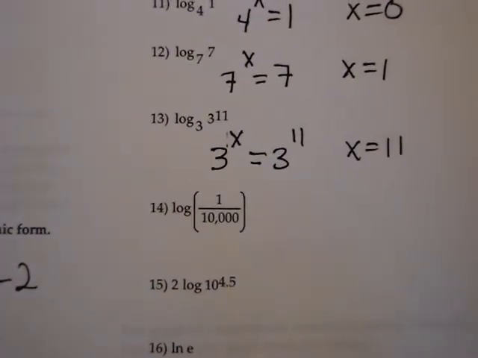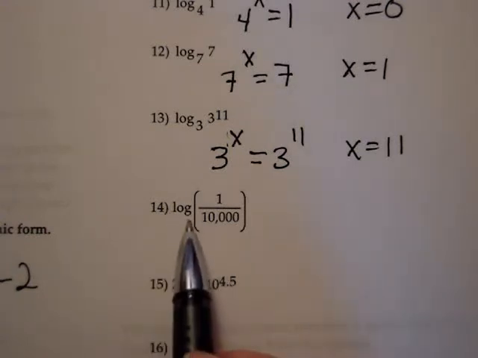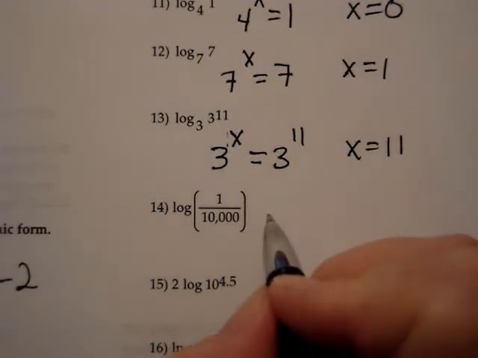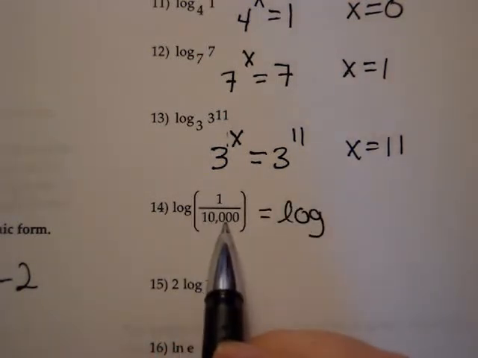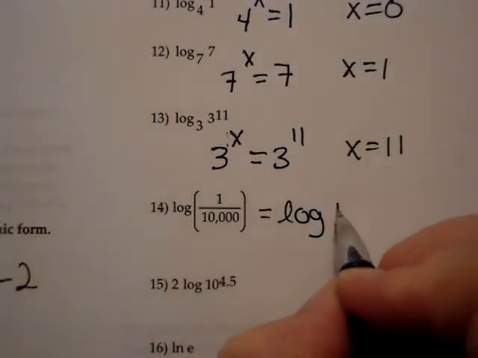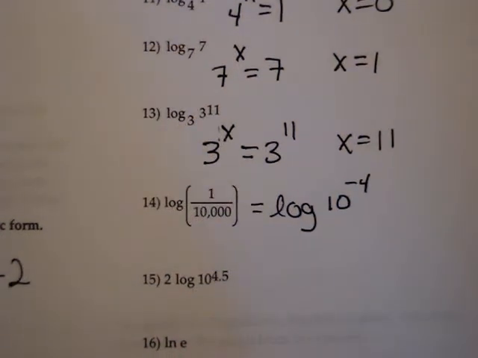And instead of asking that why question now, we're going to try to use these properties. Are you ready? Okay. Log, remember this is our common log that we learned about that has base 10. So I'm going to rewrite it. This is the log, and instead of writing 1 over 10,000, I'm going to rewrite 1 over 10,000 as 10 to some power. 10 to, let's see, it's going to be negative 4, right?